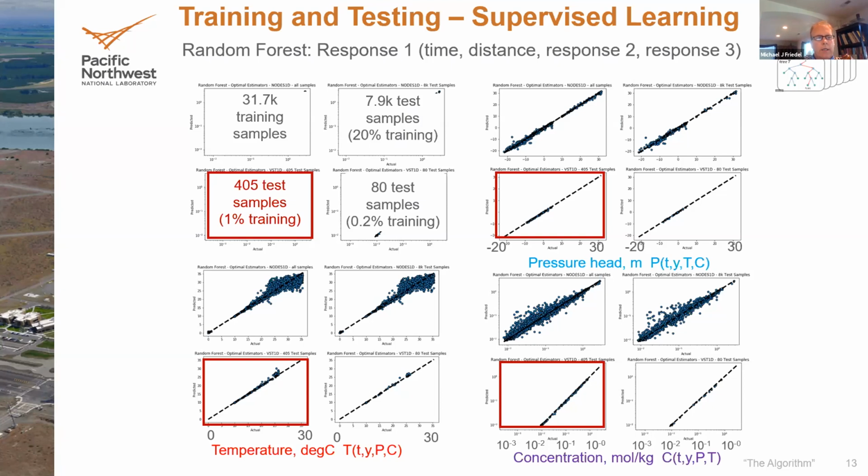And similar unbiased results are shown across the splits when predicting temperature as a function of time, distance, pressure, and concentration, shown at the lower left. And when predicting concentration as a function of time, distance, pressure head, and temperature, shown on the lower right.